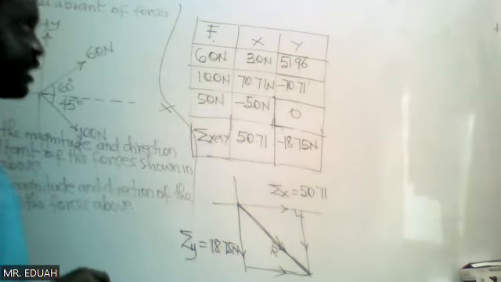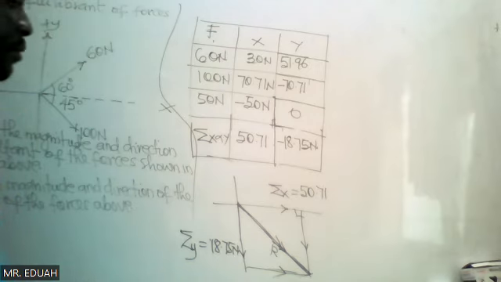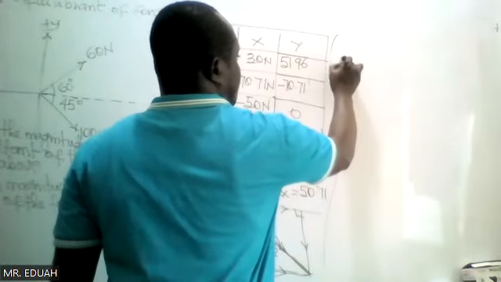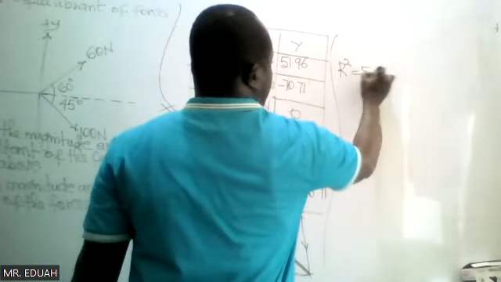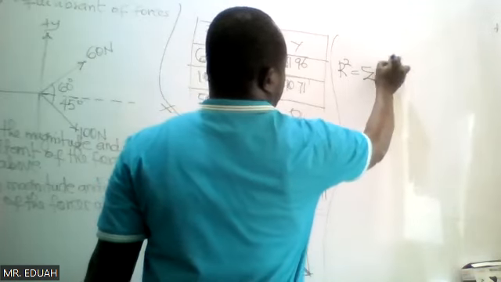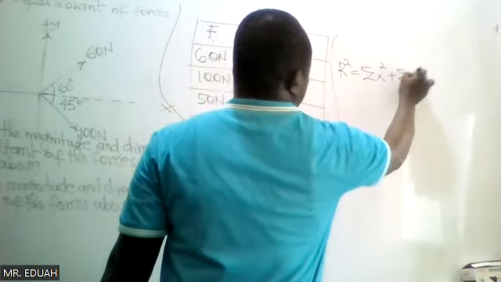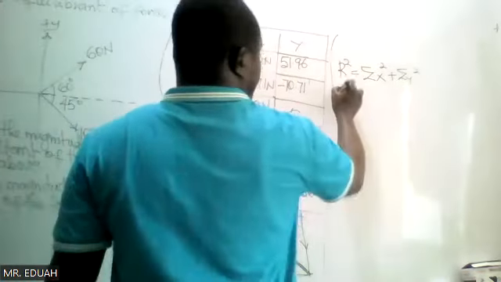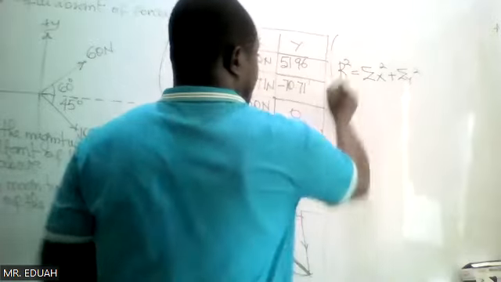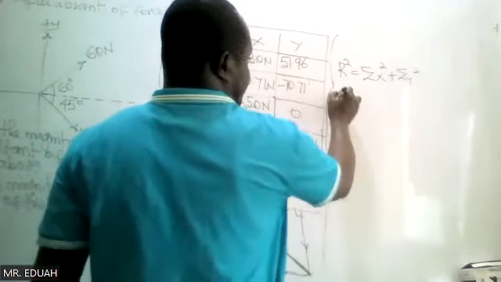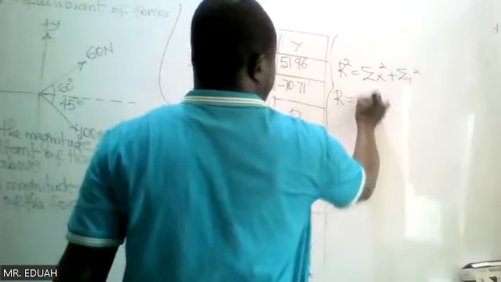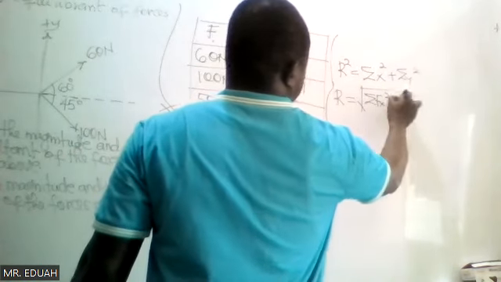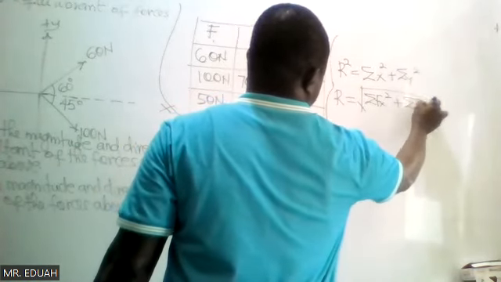What did we get for the resultant? 54.1. Okay, so let me also do it so you mark yourselves. R would have to be the square root of summation of Fx squared plus summation of Fy squared.